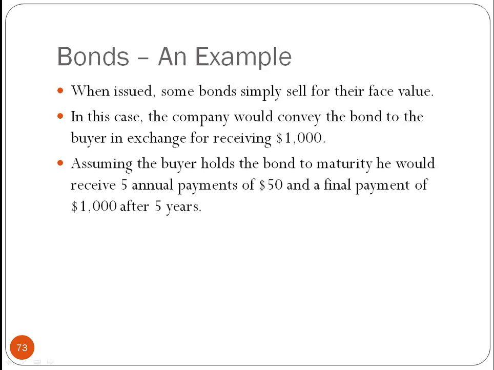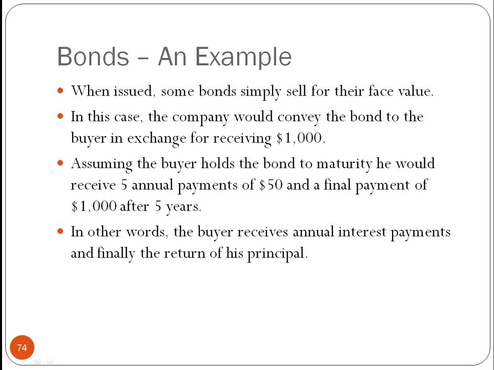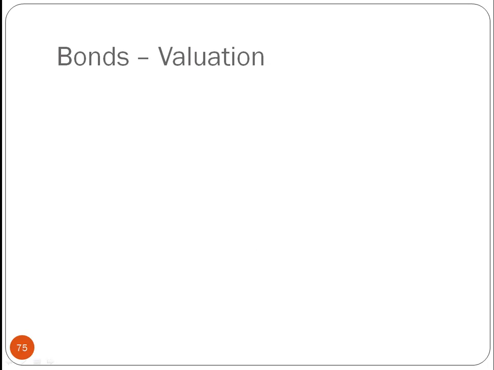Assuming the buyer holds the bond all the way to maturity, for 5 years, he's going to receive 5 annual payments of $50 and then a final payment of $1,000 after 5 years. In other words, the buyer receives the annual interest payments, and then the principal is returned. So again, that's pretty much like a loan.